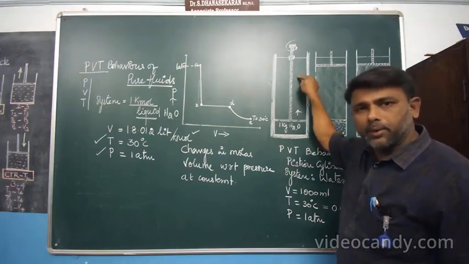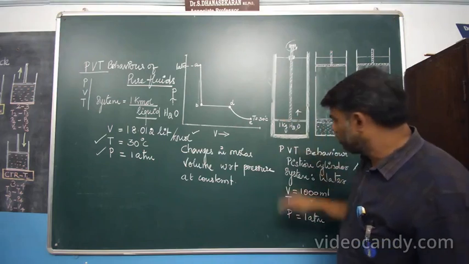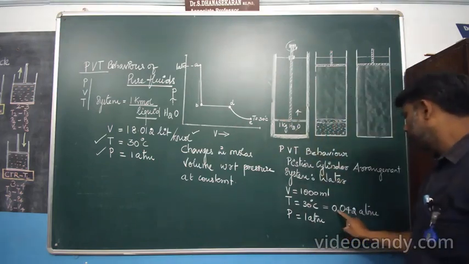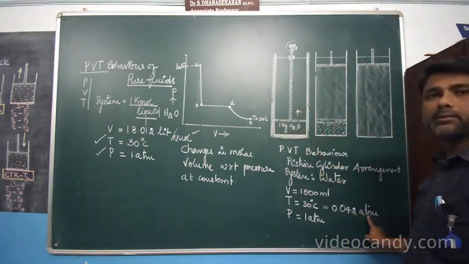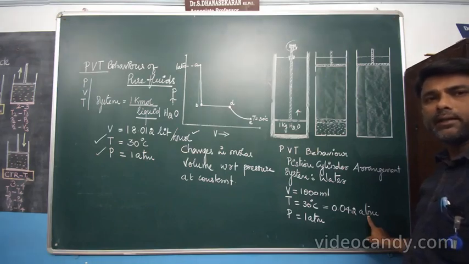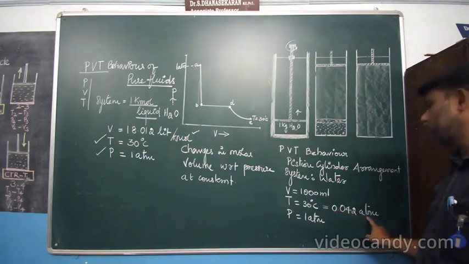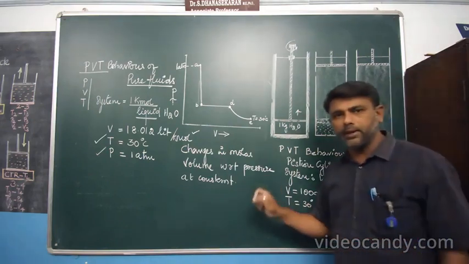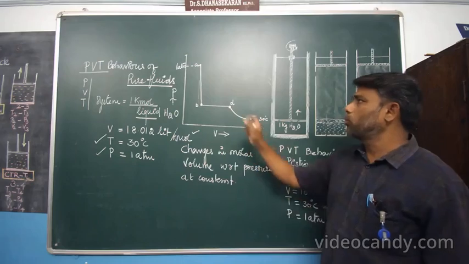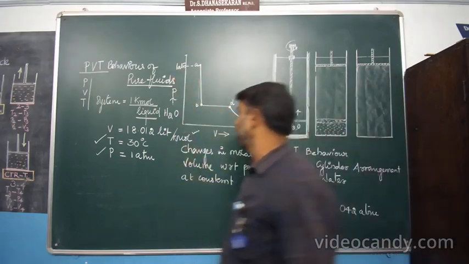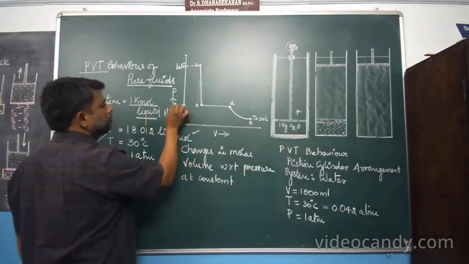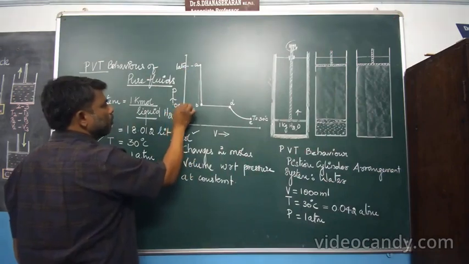The decrease in pressure is up to 0.042 atmosphere. At 30 degrees Celsius, the saturation pressure of water is 0.042 atmosphere. Hence, I am going to decrease the pressure from 1 atmosphere to 0.042 atmosphere.